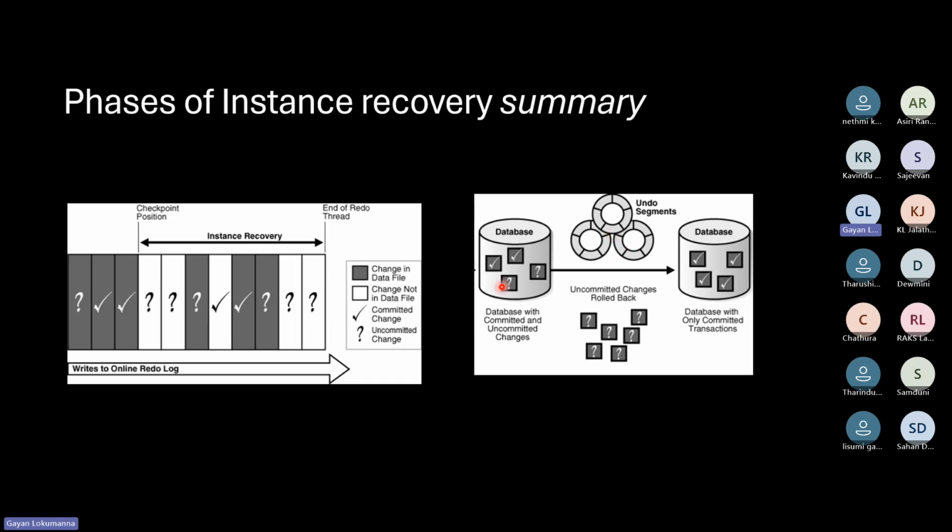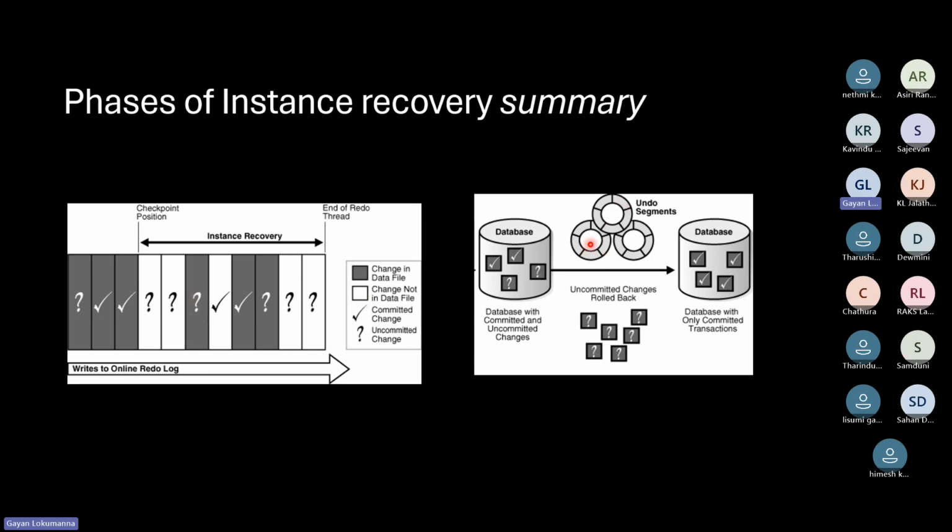Oracle has the undo segments holding the previous images of the blocks, and those will replace the blocks that are not committed. That is what happens during the rollback phase, so Oracle relies on the undo segments there.